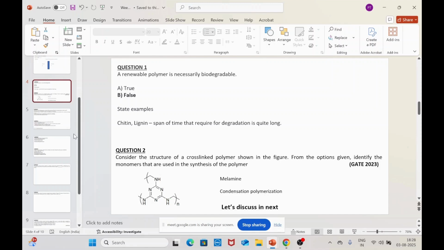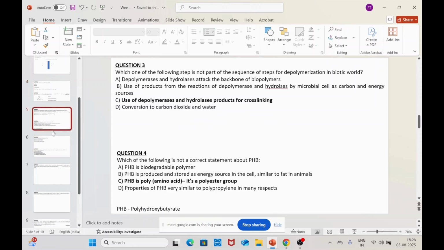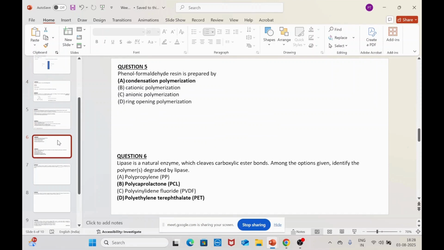So anything here in these MCQ related questions? They are quite simple.